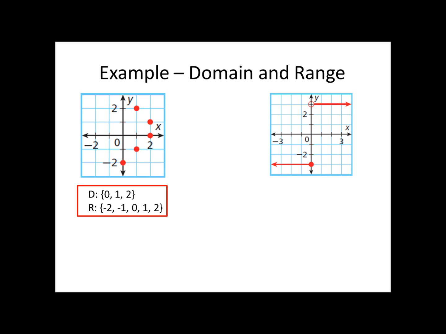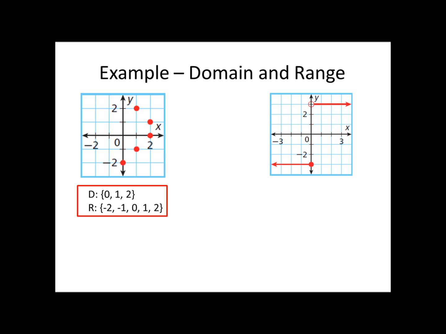We've also got a point at 1, 2. We don't need to list that 1 again in the domain, but we need to list the 2 in our range. Our last 2 points, we've got a point at 2, 0, so we list the 2 in our domain, we list the 0 in our range. But we've got another point at 2, 1.